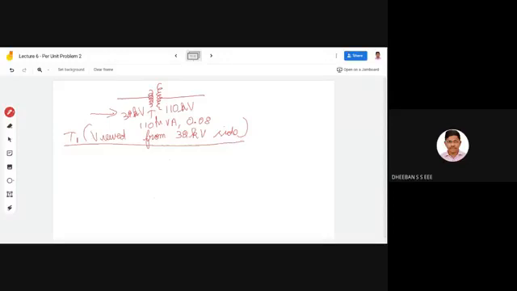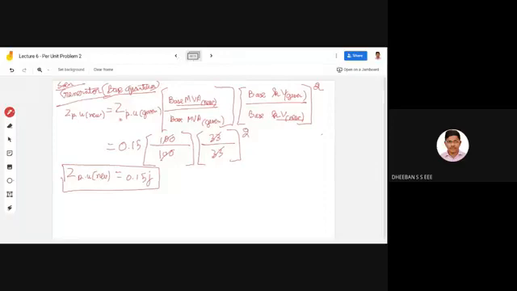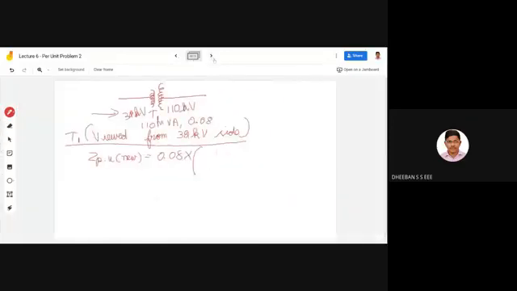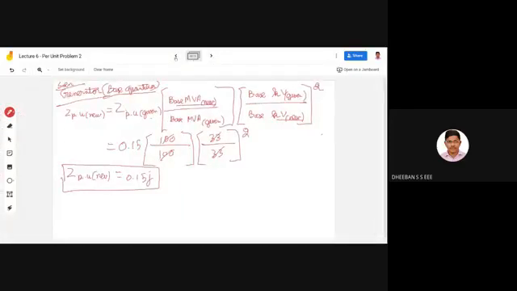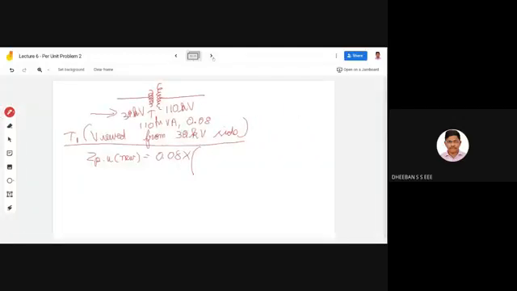Hence Z per unit new will be equal to 0.08 into, where 0.08 is your Z per unit given, into your base MVA. So what is your base MVA? I will write the formula again, so you will get a clear idea.